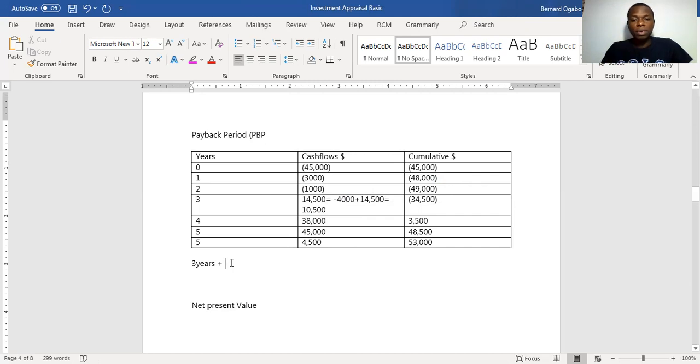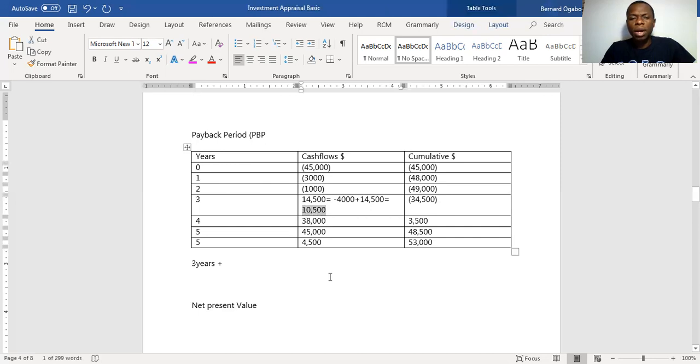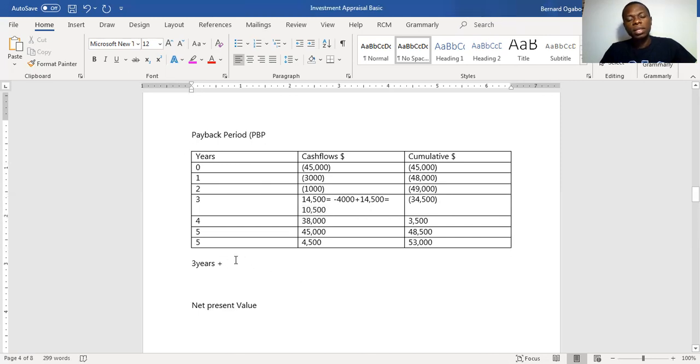So how do I calculate it? I say 3 years plus. I've not been able to get the 45,000, but I got 10,500 positive in the third year. So how do I do? I now say 3 years plus 34,500, which I need now. I need only 34,500 from 38,000.